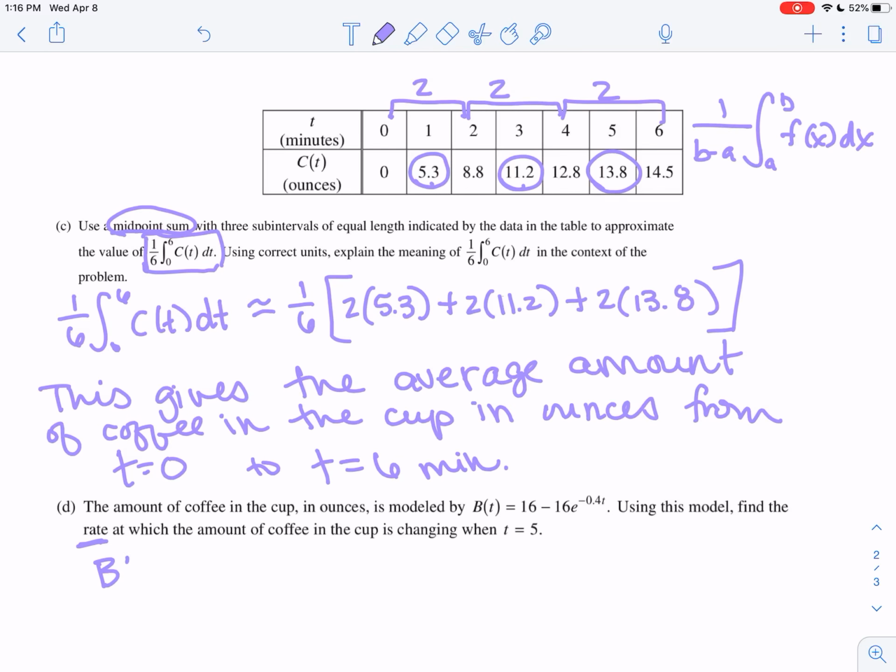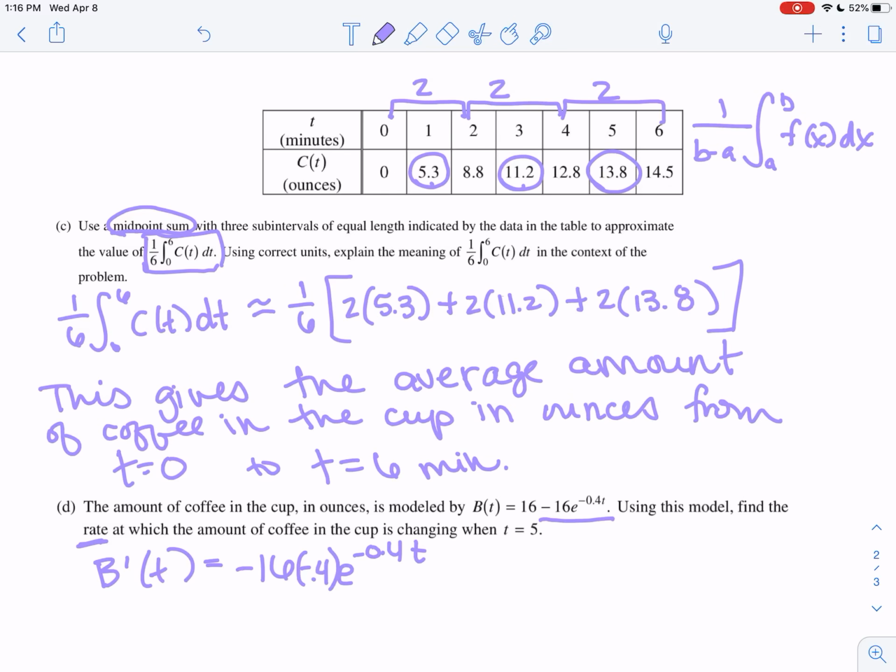So let's first find b prime of t. So derivative of that first term's a constant, it goes away. And then let's take a look at the second term. Looks like I need chain rule, right? So that negative 16 comes with us. And then the derivative of e to the negative 0.4t is going to be e to the negative 0.4t times negative 0.4.